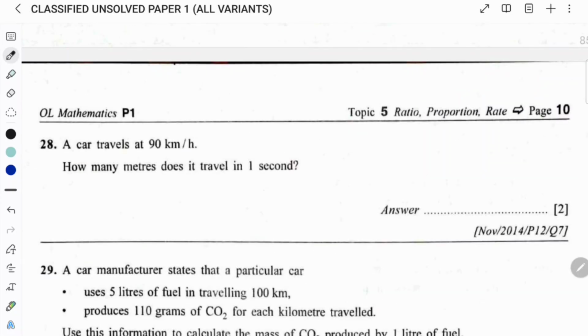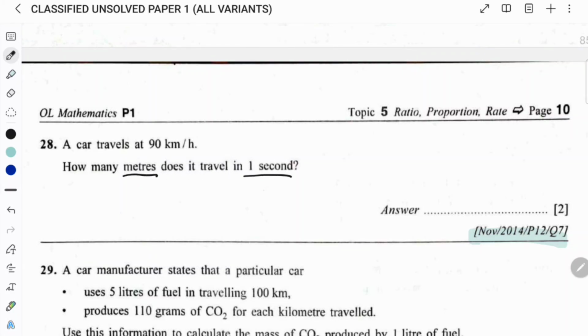Alright, the next question, which is of 2 marks in October-November 2014 paper 1-2, and it was question 7 in it. Alright, so in this question, a car travels at 90 kilometers per hour. How many meters does it travel in 1 second?